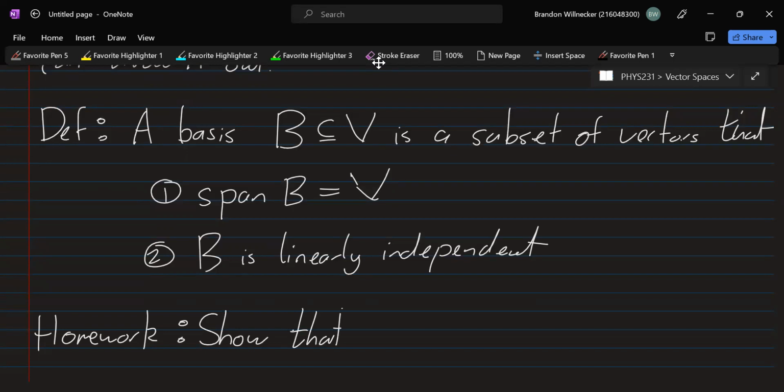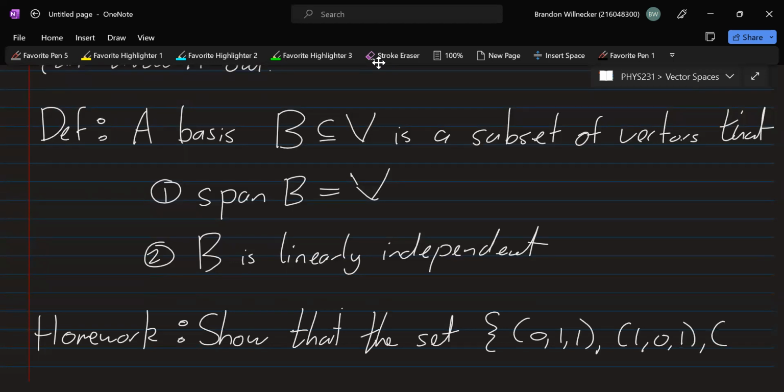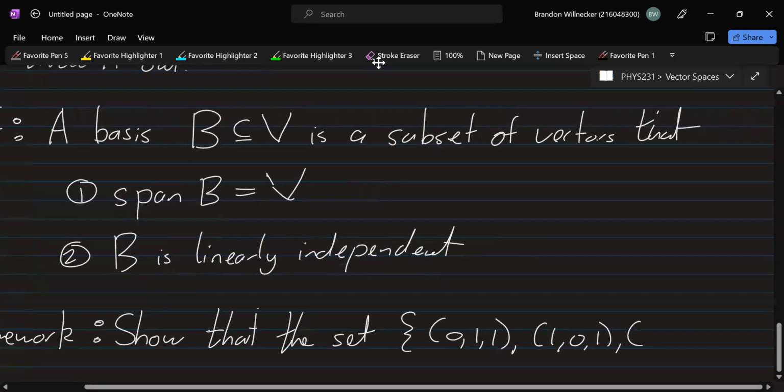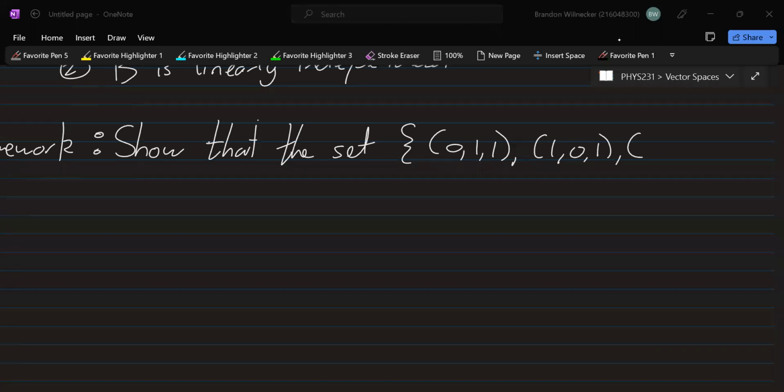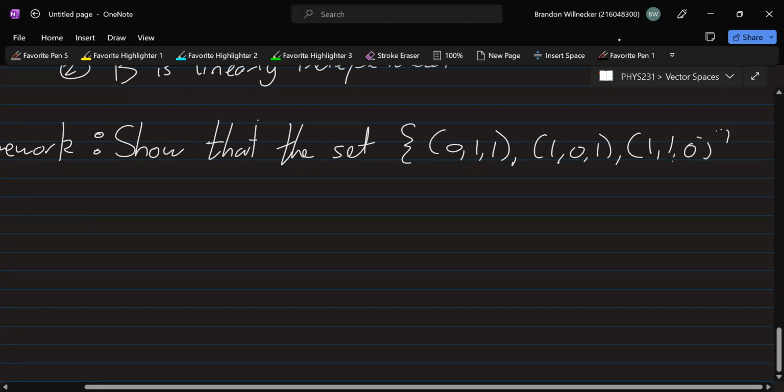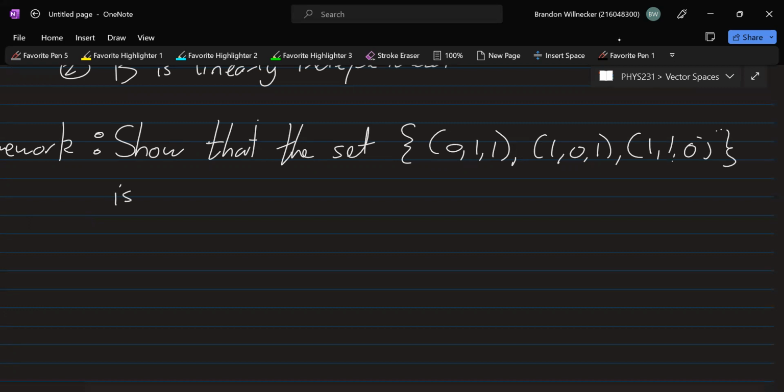Show that the set 0, 1, 1, 1, 0, 1, and 1, 1, 0 is a basis for R3.